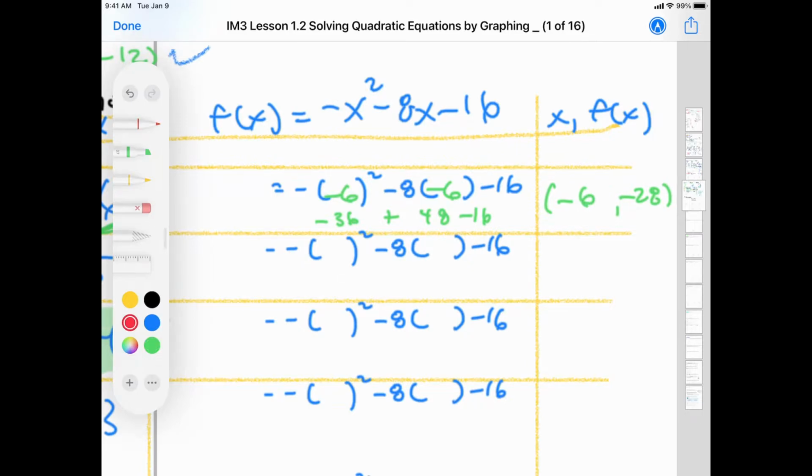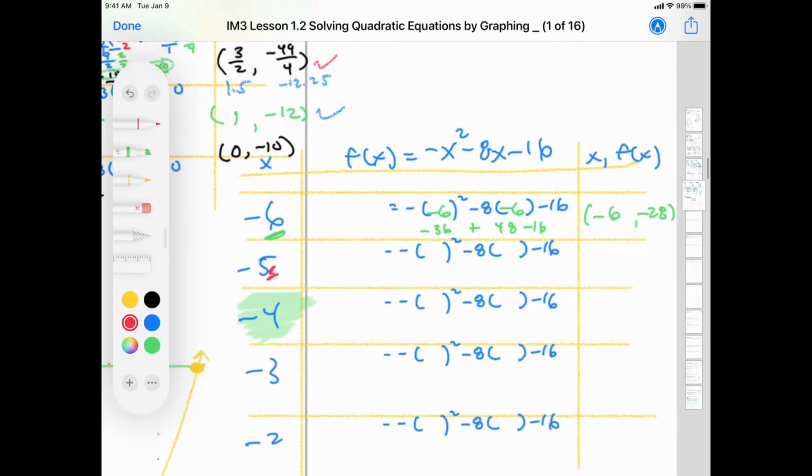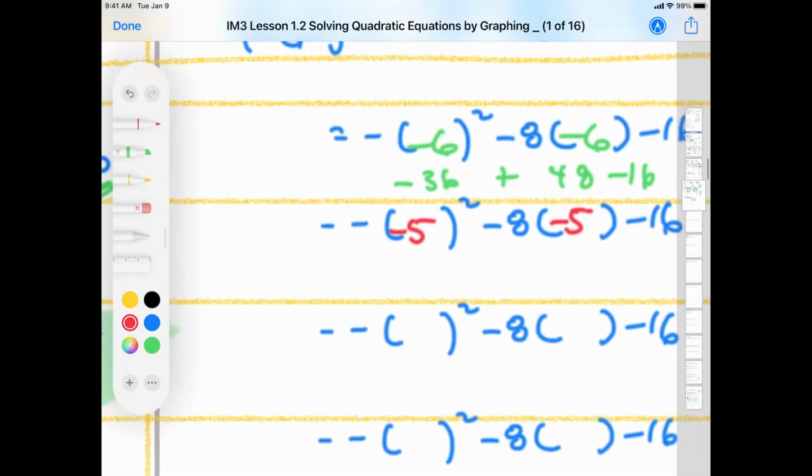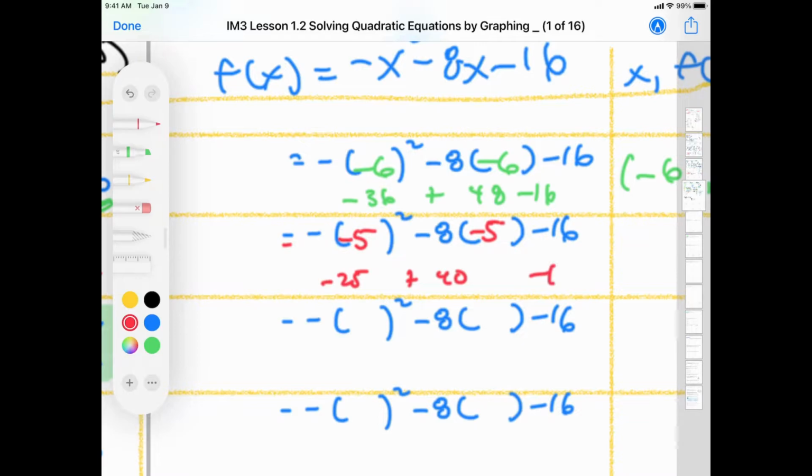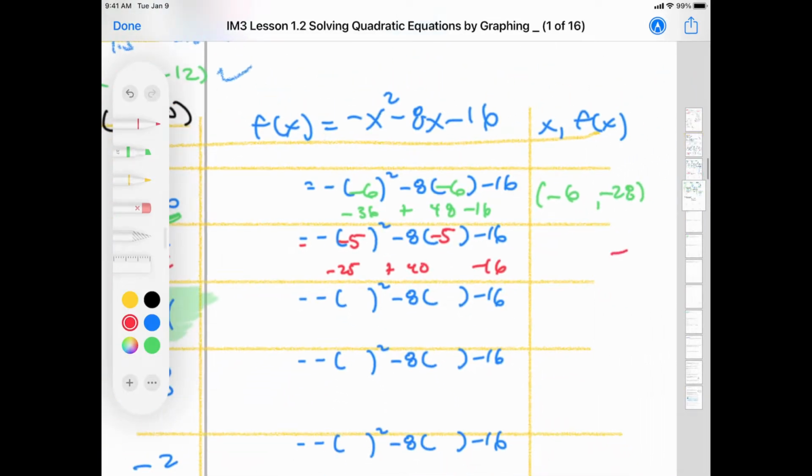Okay, let's try -5. -5 squared is 25, -25, positive 40, gives me positive 15. That would give me -1. So -5, comma, -1.